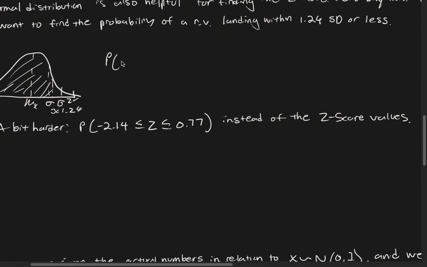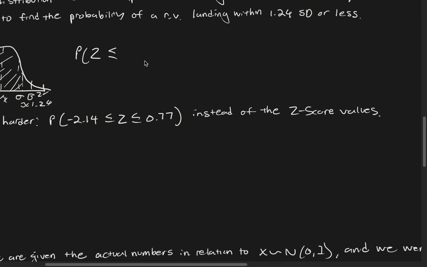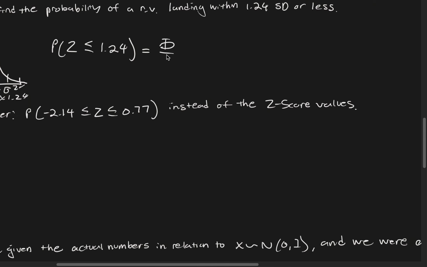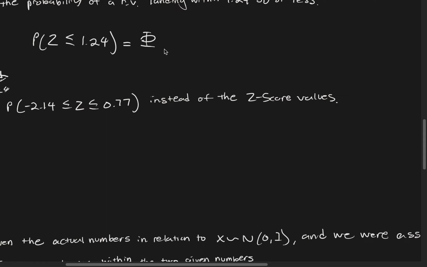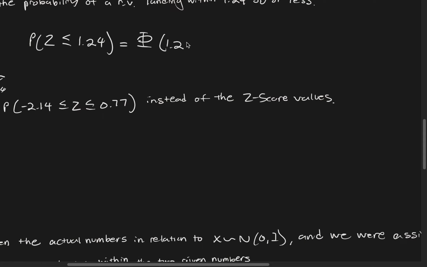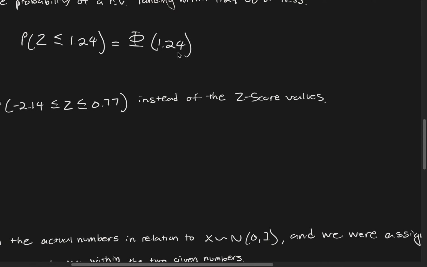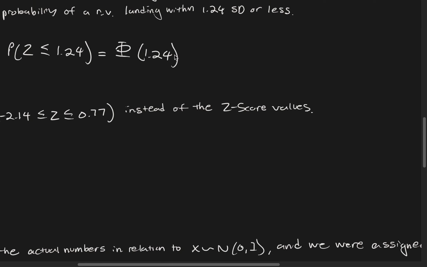And so we would simply say that the probability of Z, this is the Greek alphabet Z, I usually just call it Z, and all my teachers in the past call it Z, so I'll call it Z for now. The probability of Z being equal to or less than 1.24 is, I believe it's called phi, I'm not sure, the phi of 1.24, and for standard normal distribution we can just look that up in the table. I'm not going to go through it right now because it is fairly simple.